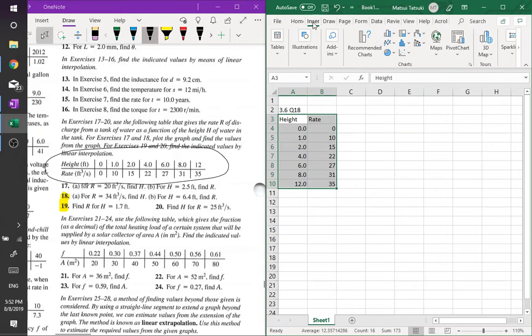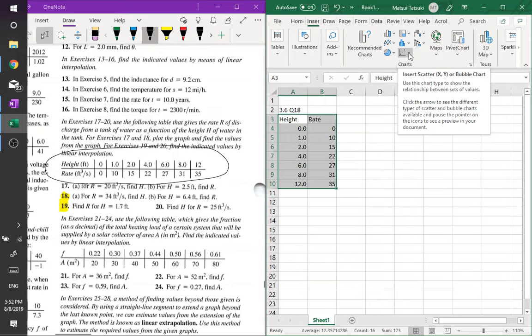Then go to Insert, the next tab. And then you see there are many graph icons here, among which you find the XY graph with the dots. Those are the scatter plots.